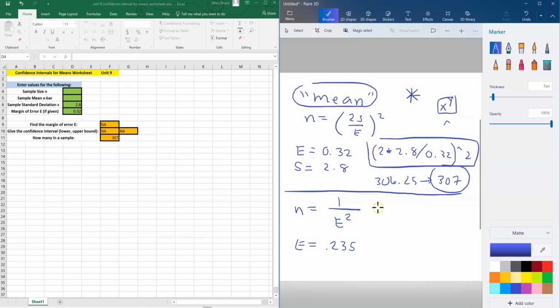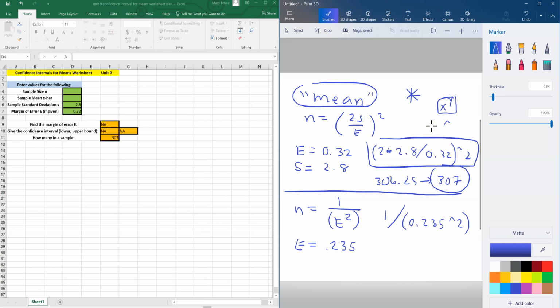Then if you were going to use the Google search bar for this, you'd have to know to put this entire denominator in its own set of parentheses because only the E should be squared down there. So if I use Google, I would type this in as 1 divided by, open parentheses, 0.235, but go ahead and square that before you close off the parentheses.